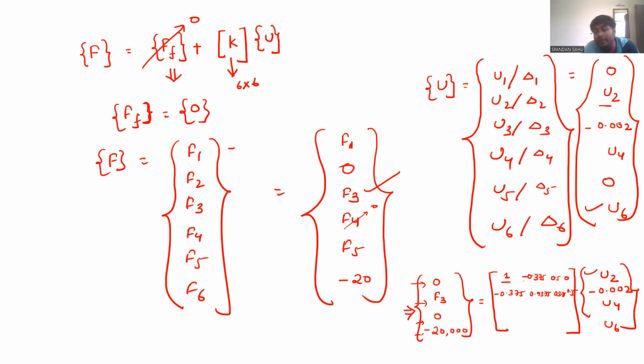So 0.75, this is 0.5, this is 0, 0.75, this is 0.375, this is 2, this is 0.5, this is 1, and this is 0.5.